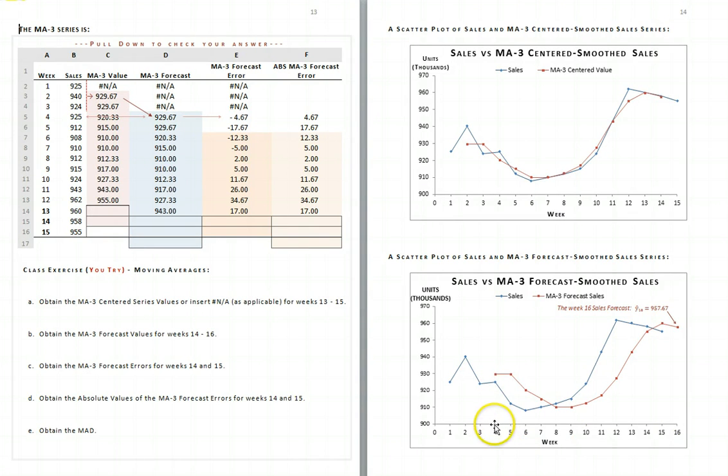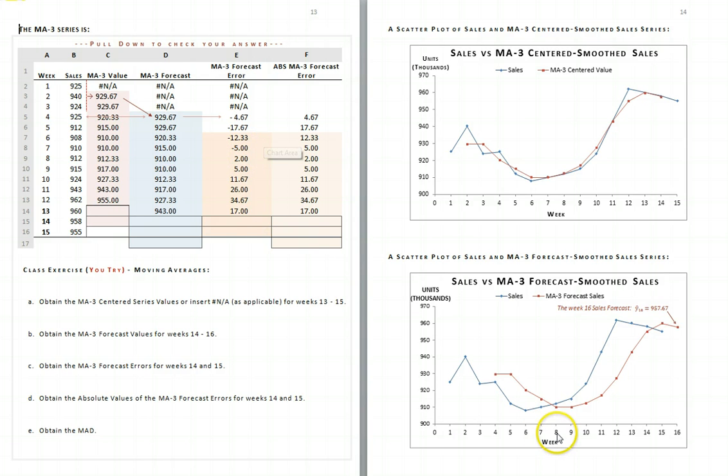For period 4, actual minus MA3 forecast is negative. For period 5, actual minus MA3 forecast is negative, and so forth. We in fact will have 4 consecutive negative forecasting errors.